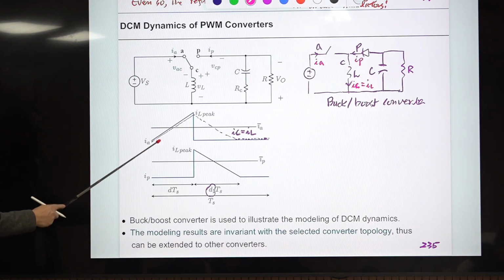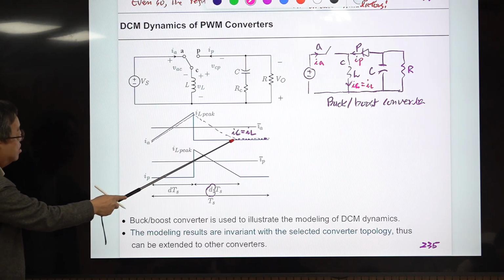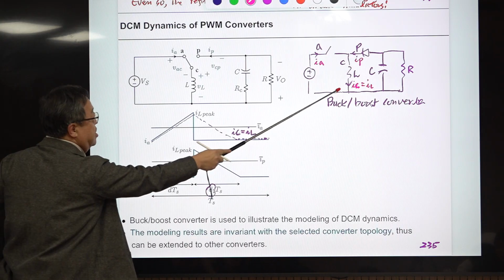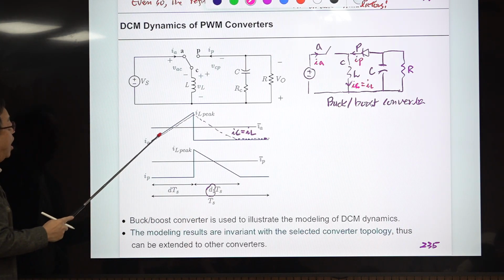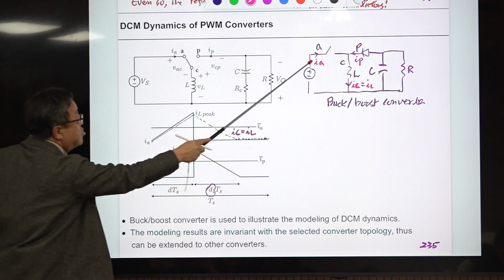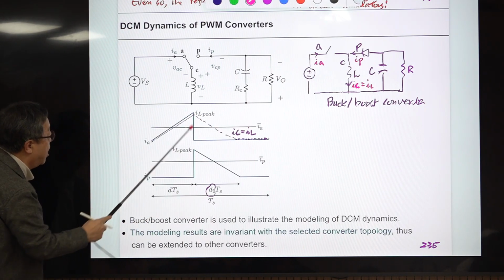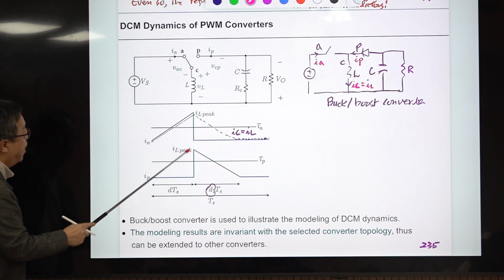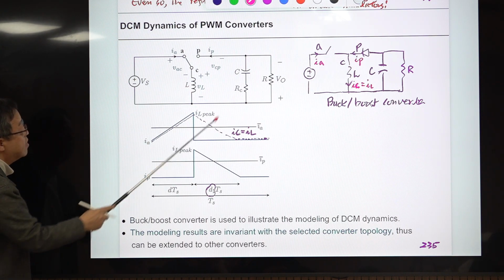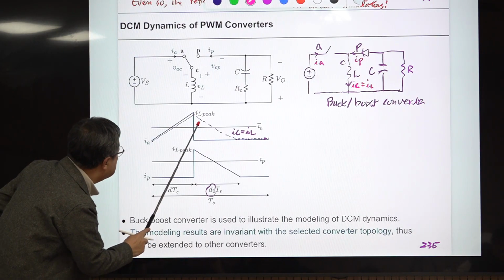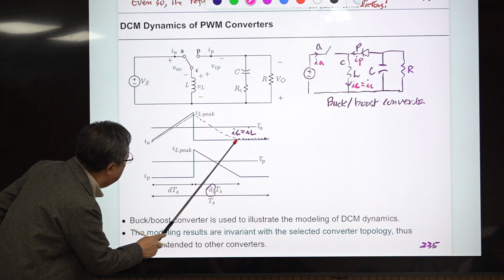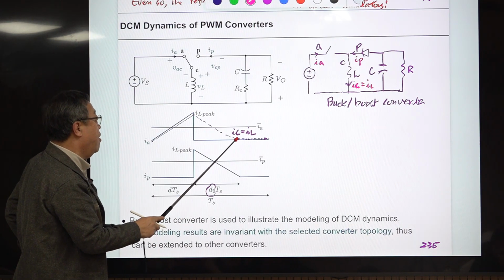Okay, and this is the waveform, the DCM waveforms. This purple color is IC, which is the inductor current. On the on-time part, the inductor current becomes the switch current, this IA, and this part is the diode current, IP, the passive switch current, and here the inductor current becomes 0 and remains 0 thereafter.